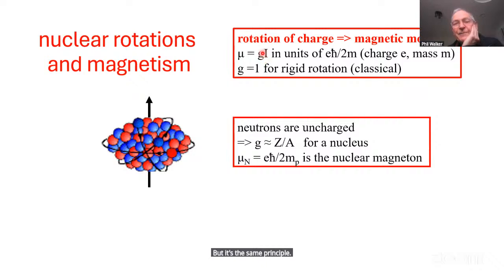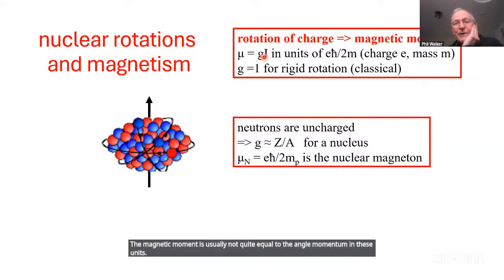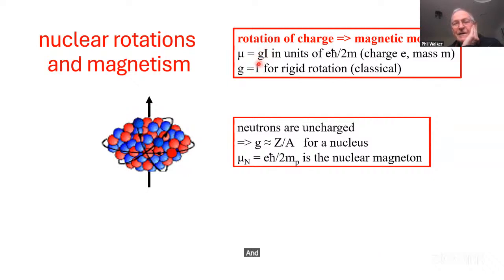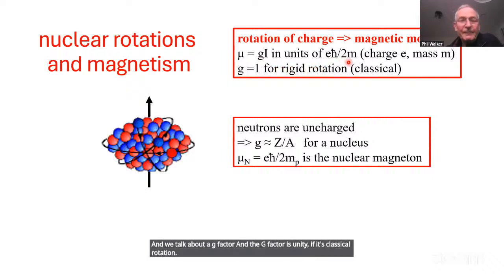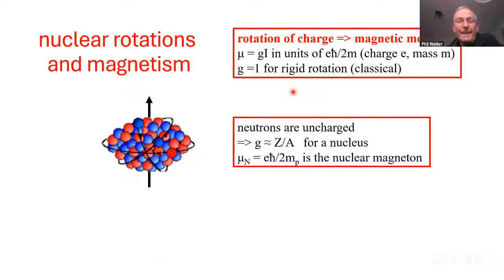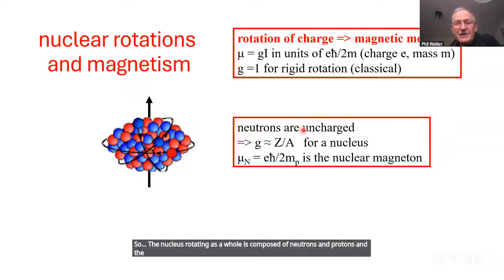In practice, the magnetic moment is usually not quite equal to the angular momentum in these units. And we talk about a G factor. And this G factor is unity if it's classical rotation. So a nucleus rotating as a whole is composed of neutrons and protons, and the neutrons are uncharged and the protons are charged.